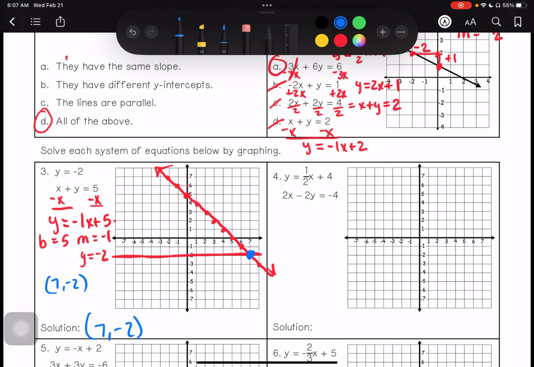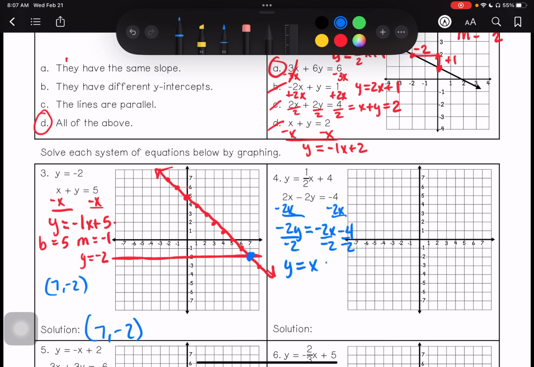Second one here, I'm going to subtract 2x on both sides and put it in slope-intercept form. That gives me -2y equals -2x minus 4. Divide everything by -2. Y equals x plus 2.